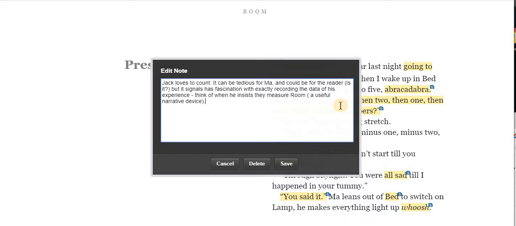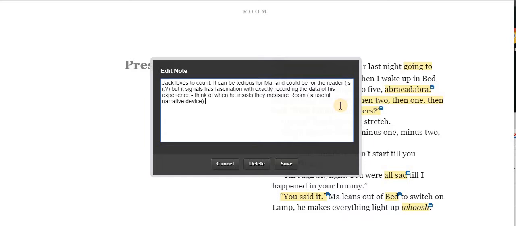He's very scrupulous in his results. So that gives you an insight into the way this little boy's mind works. And I don't think it's so unnatural for a little boy to have this sort of fascination with counting and close-up attention to detail.